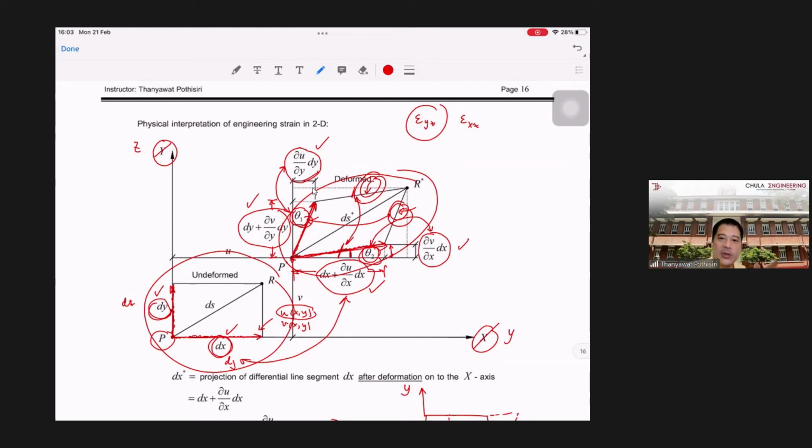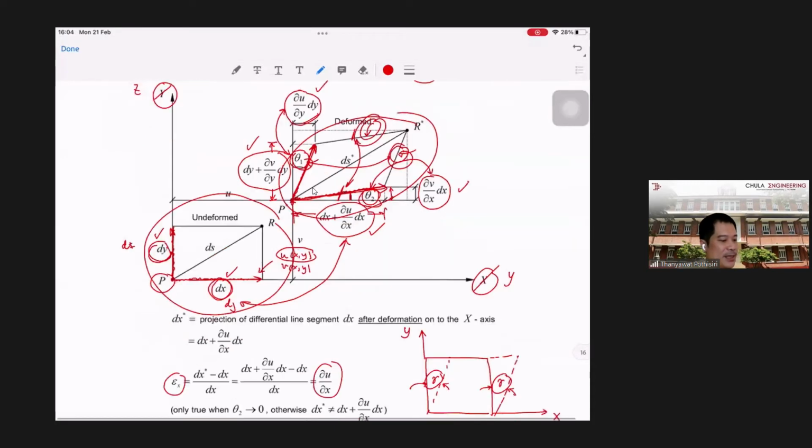Change of angles in the YZ plane is described by gamma YZ or epsilon YZ. And change of angles in the XZ plane is described by gamma XZ or epsilon XZ, respectively. So those are the strain components in 3 dimensions. You should choose each plane to describe them.